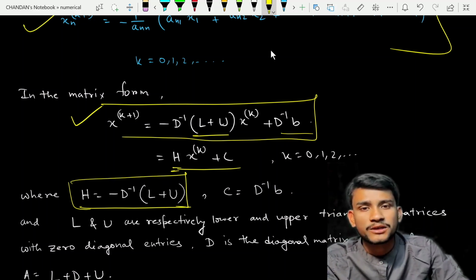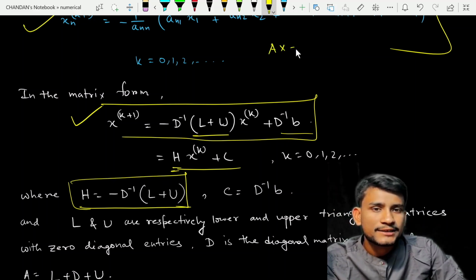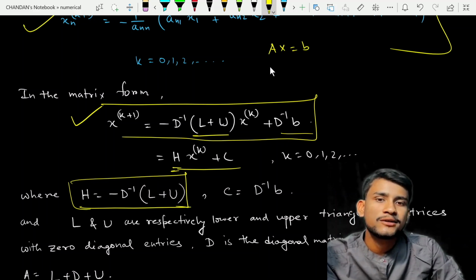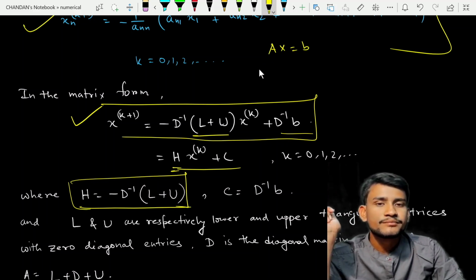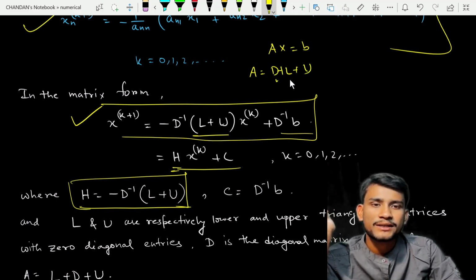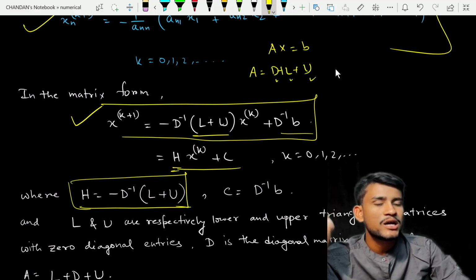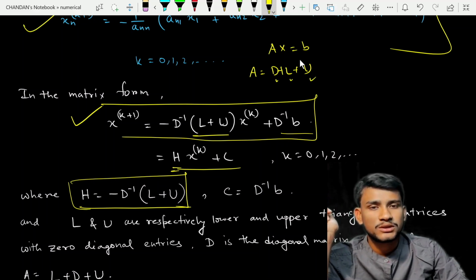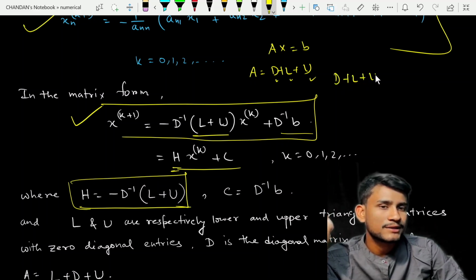Now how does it come? If we write Ax equal to b, now we write A equal to D plus L plus U, where D is the diagonal matrix, L is the lower triangular matrix and U is the upper triangular matrix. So putting A equal to D plus L plus U, we get (D plus L plus U) x equal to b.